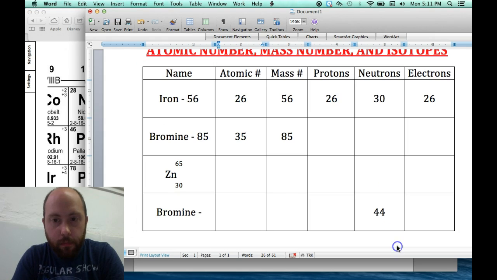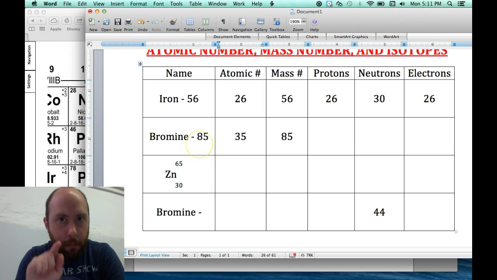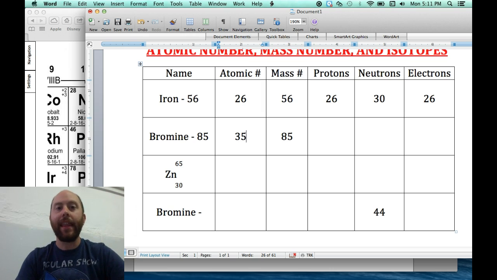Whenever I give you a mass number, you must use the one I give you. Now, if I don't give you a mass number, like in iron, then you go to the periodic table and round the average mass.